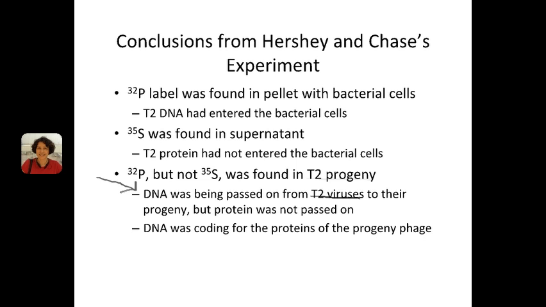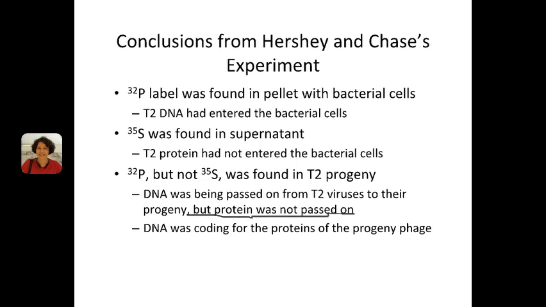For a DNA molecule to make it into the T2 progeny viruses, it means that that DNA molecule had to be inserted into a new virus particle. And then also, the protein was never being passed on physically, because they never found labeled protein with the progeny phages.